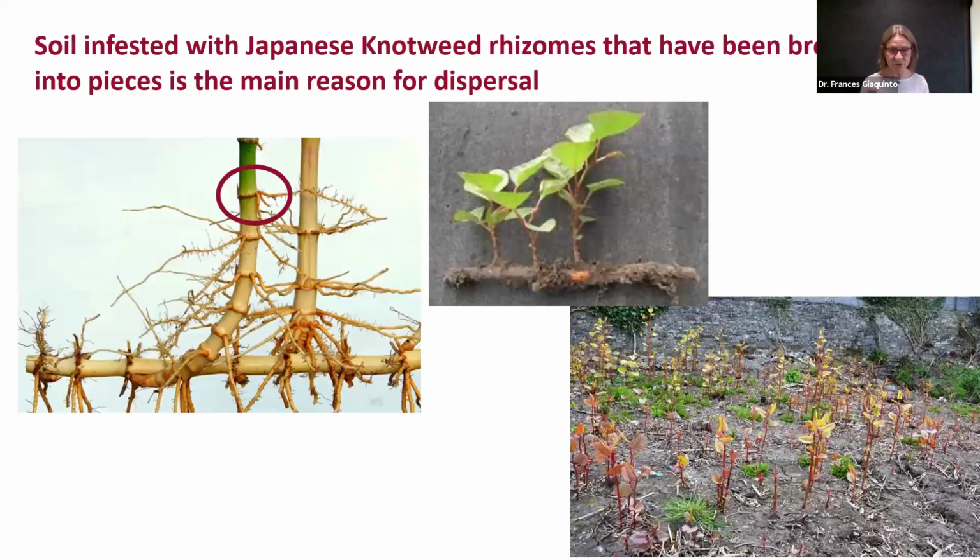Now, this I showed you last time. I'm just repeating it quickly, for anybody who wasn't here last time. The reason Japanese knotweed is a problem once it's dispersed is because of its rhizome system. Here's a graphic. Rhizomes are underground stems. They're not roots. These are the real roots, these little insignificant things. These are the underground stems.